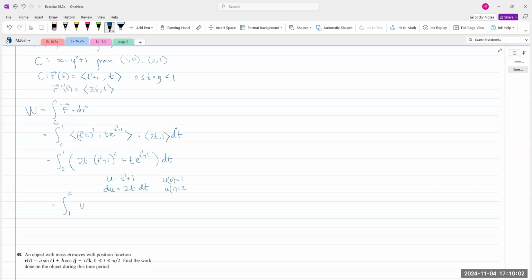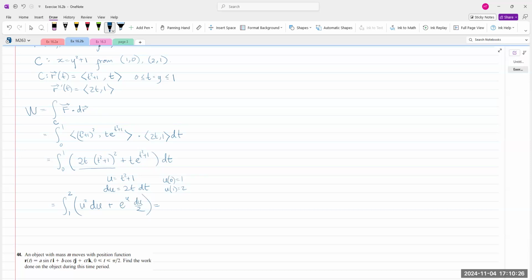Okay, u squared du, that's for the first part. Actually I can just put them together. U squared du plus e to the u du over 2.